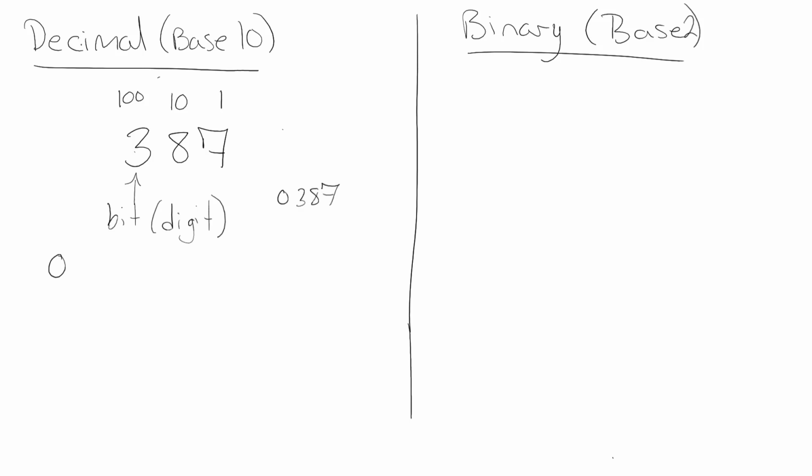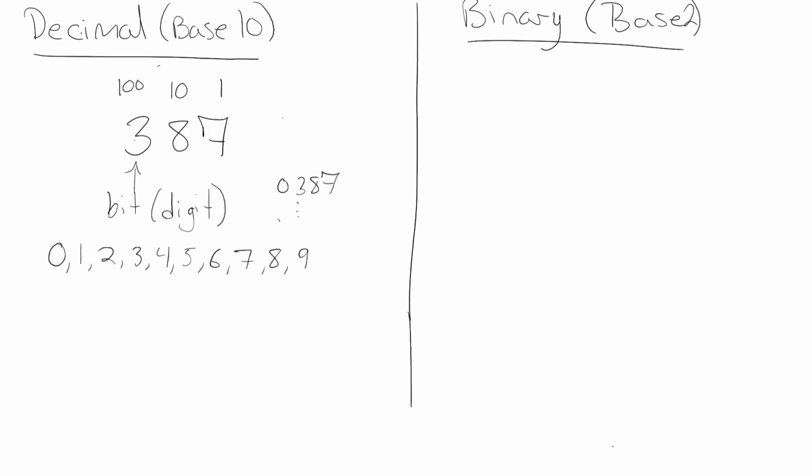To 1, 2, 3, 4, 5, 6, 7, 8, and 9. If we were to go up to 10, we would end up with 2 digits, so we would need to add in an extra bit. So this can go anywhere from 0387 to 9387. Didn't leave myself enough room there.